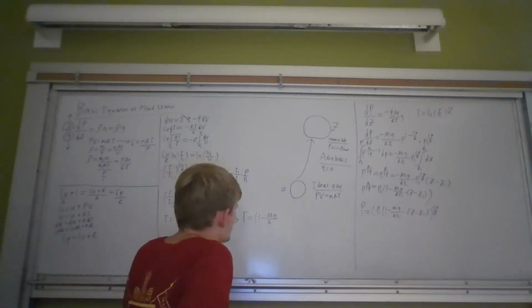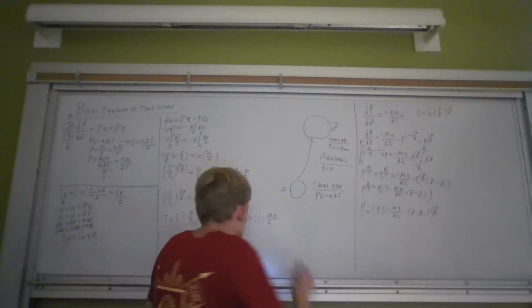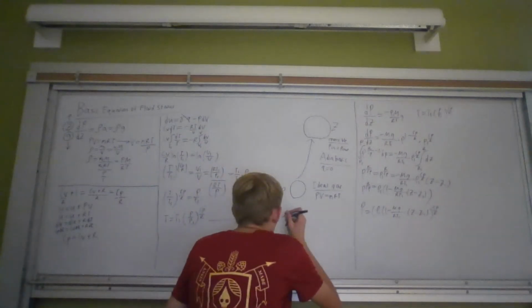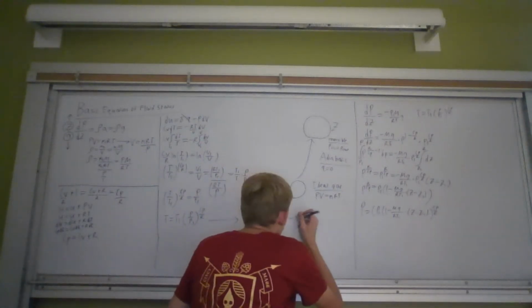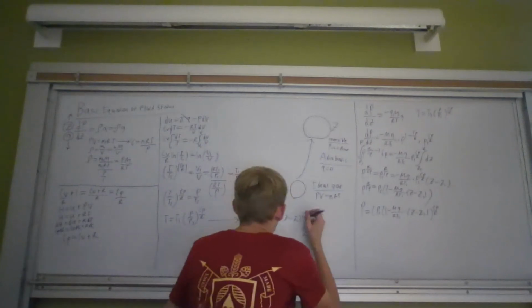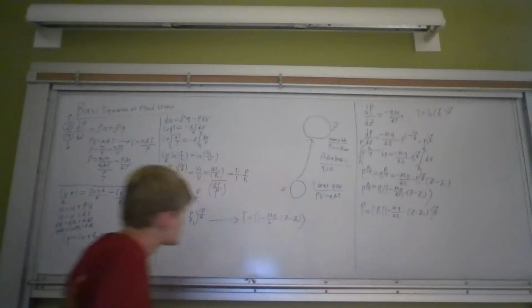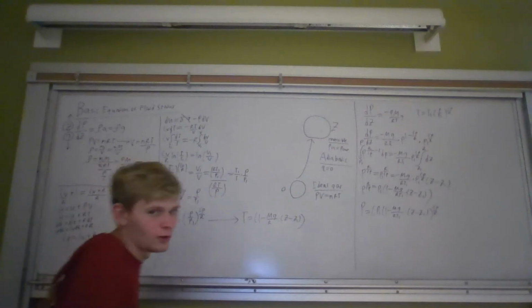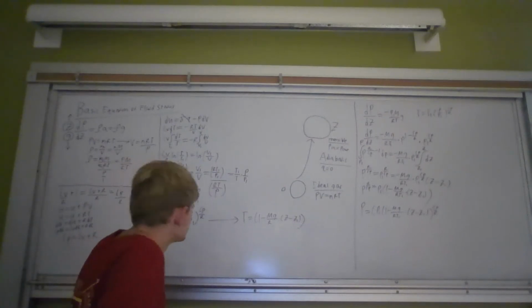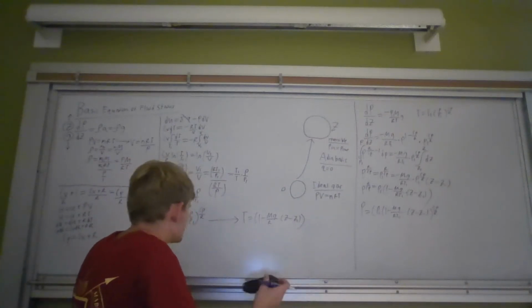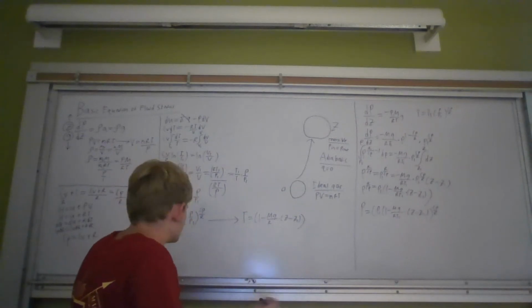So what are we left with? We are left with this expression over here multiplied by Z minus Z1. And this is the expression that we have for our temperature in regards to our pressure.